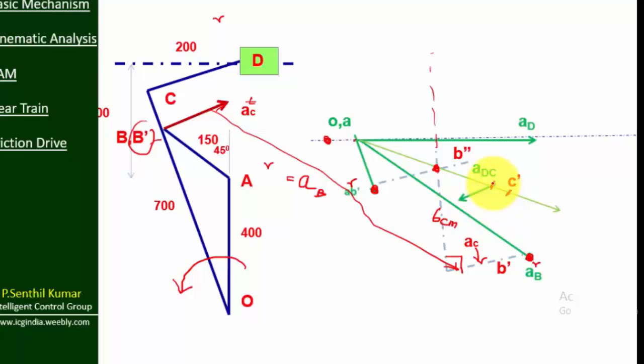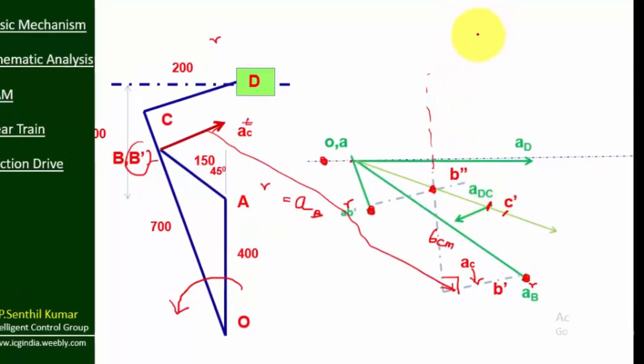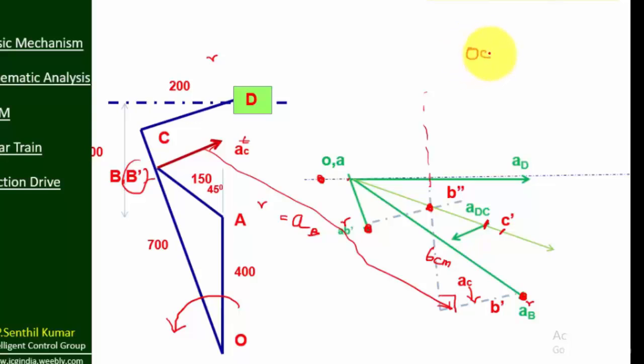Now the question is, how do you find C dash? So you can use the ratio of triangles. So I need OC dash. OC dash divided by OB dash equals OC divided by OB.